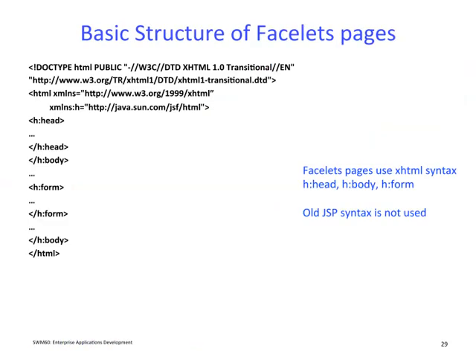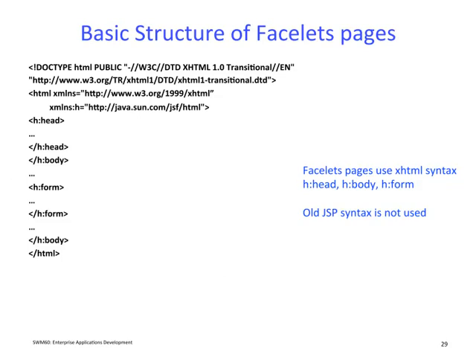When you create a facelet page or Java Server Faces page, the basic structure is this. The header part of that is where you put the URIs for the libraries, and you will have the head object, then close the head.